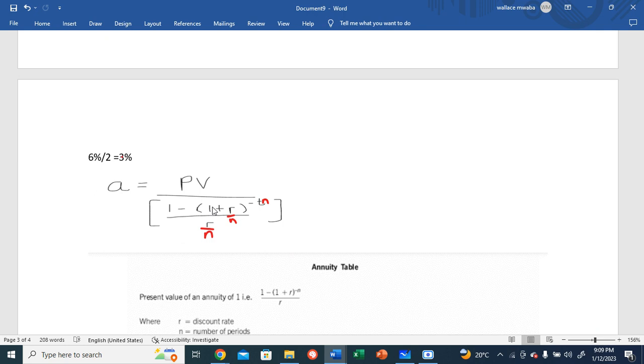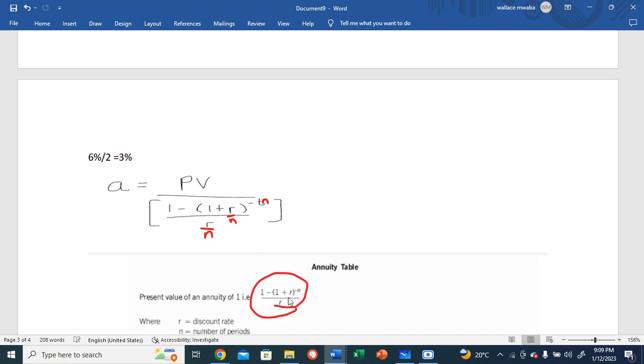In this formula, since the interest is compounded semi-annually, the only adjustment to the formula is that your interest rate is going to be divided by n, all right? And this t here is going to be multiplied by n, right? Whenever interest is compounded annually, monthly, weekly, or daily, you have to make an adjustment to this formula here.